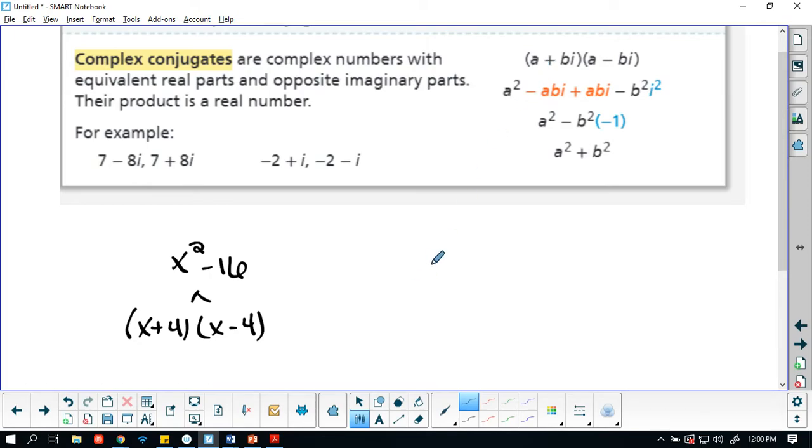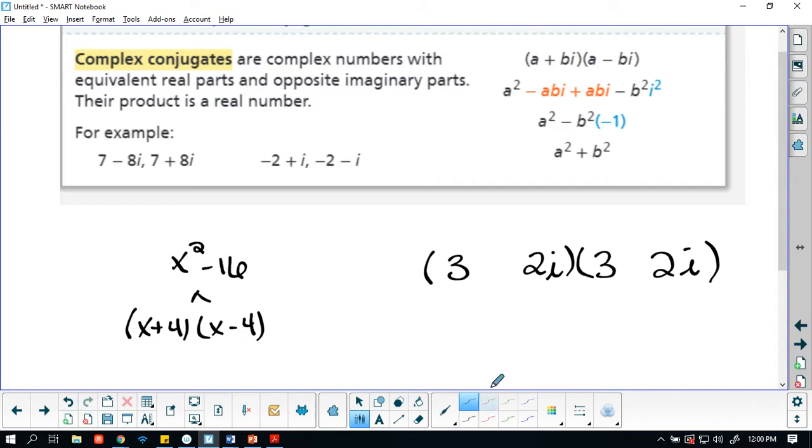So in this case, we have some value a, which let's pick the number 3, and then we have some value b. I'm going to say this is 2. b is part of the imaginary, so I'm going to put the i to denote that 2 is part of the imaginary part of the number, and 3 is the real part of the number. All right, for a complex conjugate, you're going to just rewrite it again.